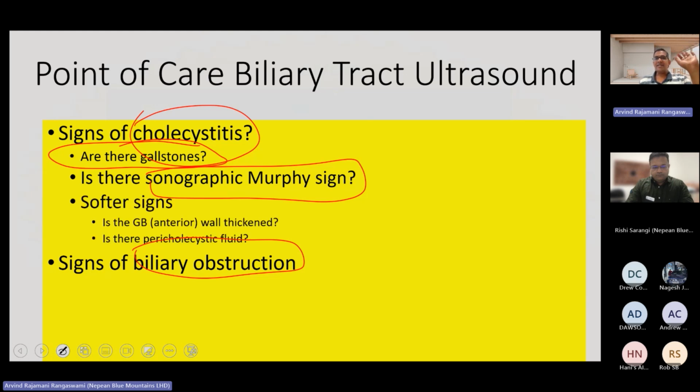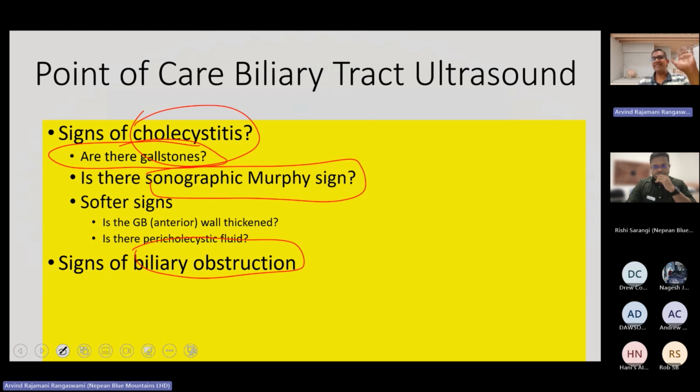The other things are much, much softer signs. Why? Because they are far more operator dependent. Plus, there are so many other reasons why you have those other things. It is extremely common to make wrong measurements. If there's one problem I have with ultrasound, it is measurements.